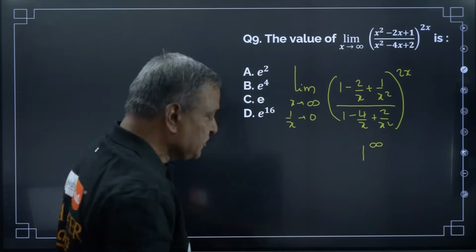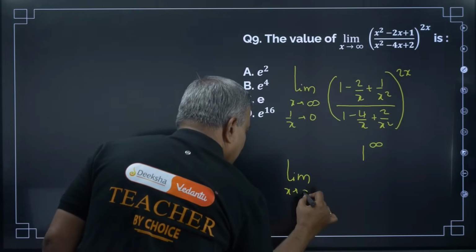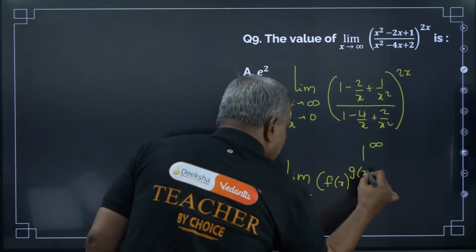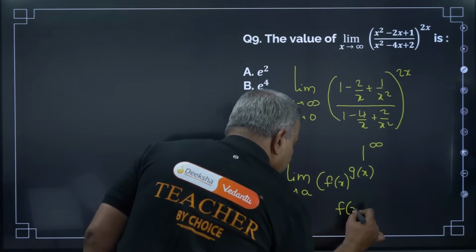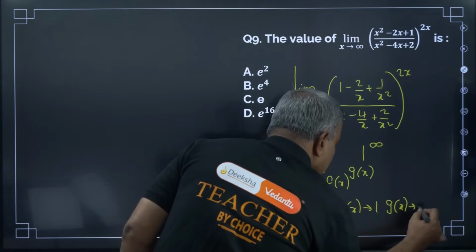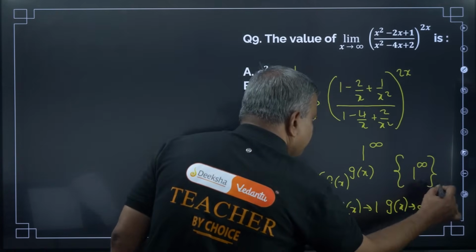Okay. So what is the concept? Limit x tending to a of f of x to the power g of x. If f of x is tending to 1 and g of x is tending to infinity, then we say it is a 1 to the power infinity form.